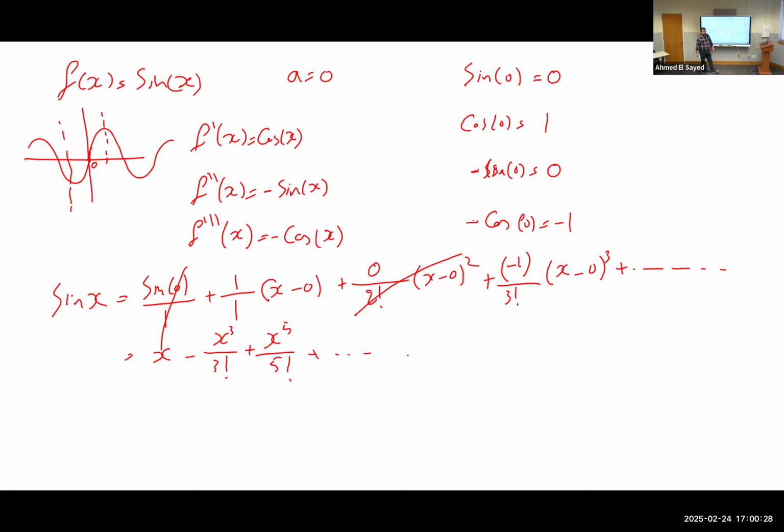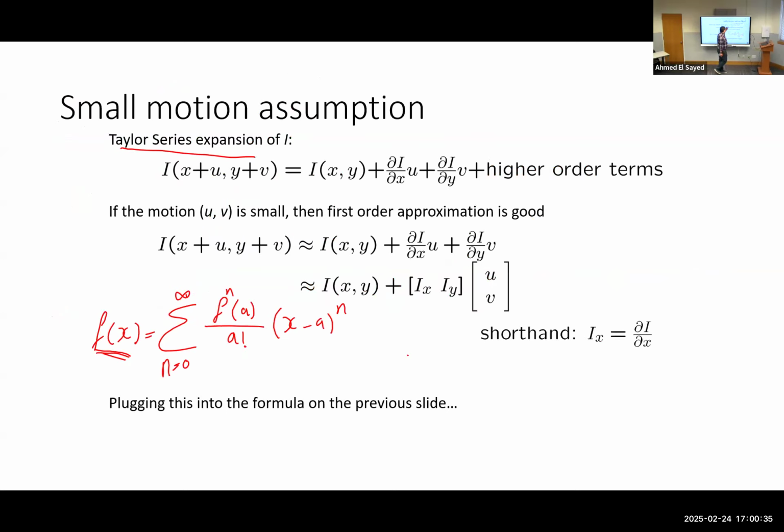Okay? Now, how can this help me to approximate this function?